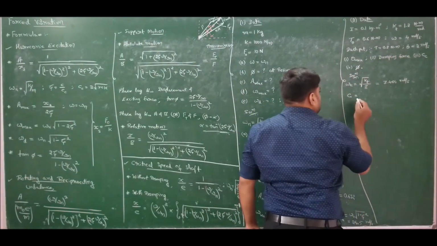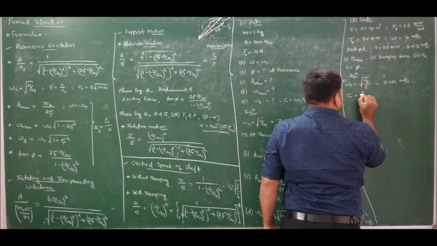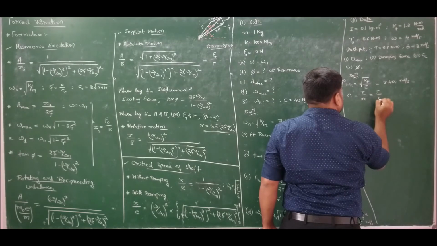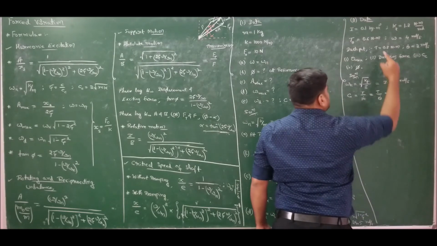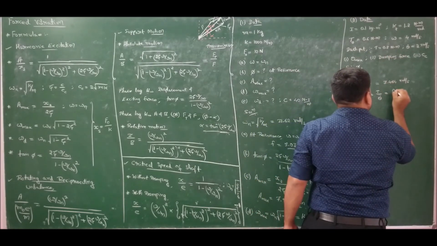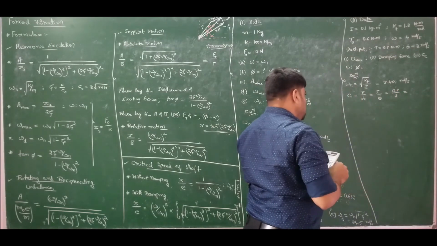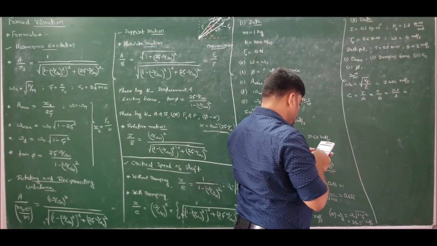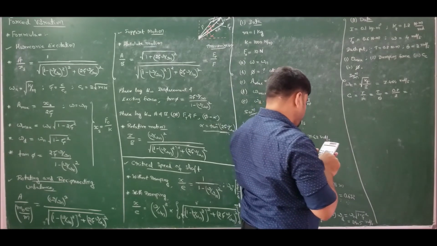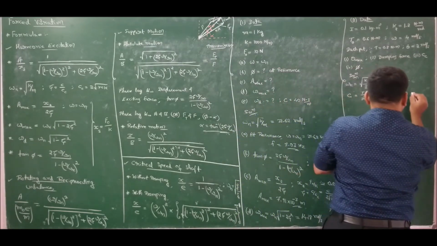So what is the formula for C? C is F by x dot. In torsional systems it is T by theta dot. Hence C is 0.8 divided by 2, which turns out to be 0.4.